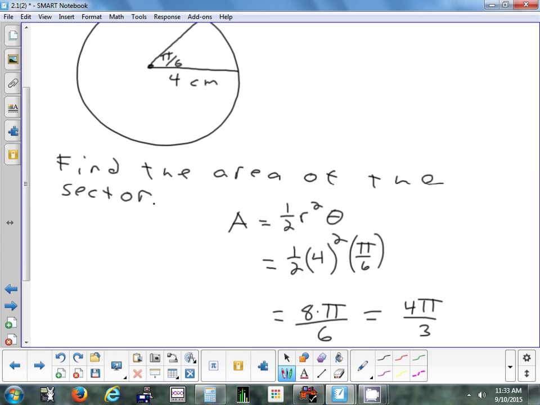Okay, close. Centimeters squared. Remember, you're finding an area, so it's centimeters squared. Any question on if I give you a radius and an angle and ask you to find area, how you do it? So everyone's okay with this one? Okay.